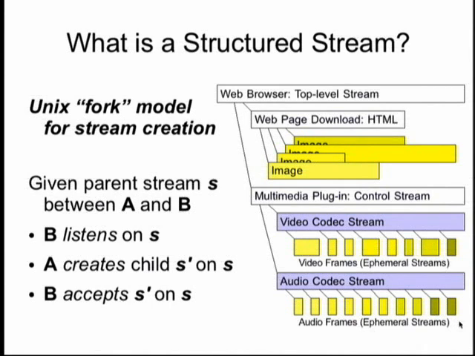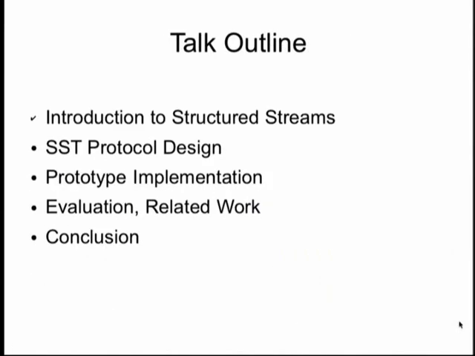And when the initiator connects on an existing stream, the responder gets the new connection in reference to the corresponding parent stream, so that the transport maintains the association between parent and child between the two hosts. So that's the basic idea.